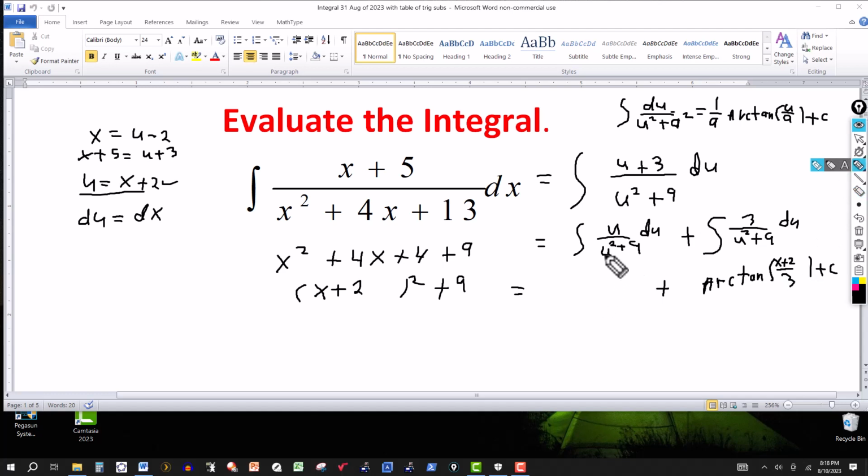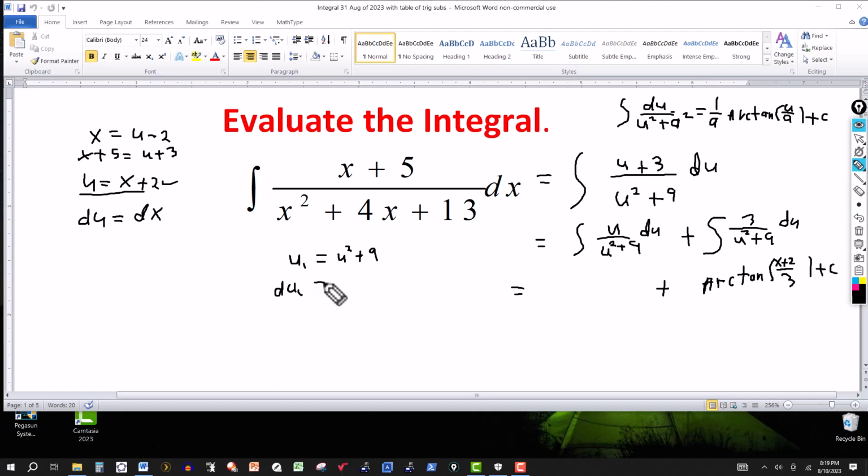Now for this one right here, you should be able to do it without the substitution, but I'm going to use another u-substitution. I'm going to call this u1 just to make it different. So u1 will equal u squared plus 9. You can do it without this, but just to make it clear, this then would be du1.